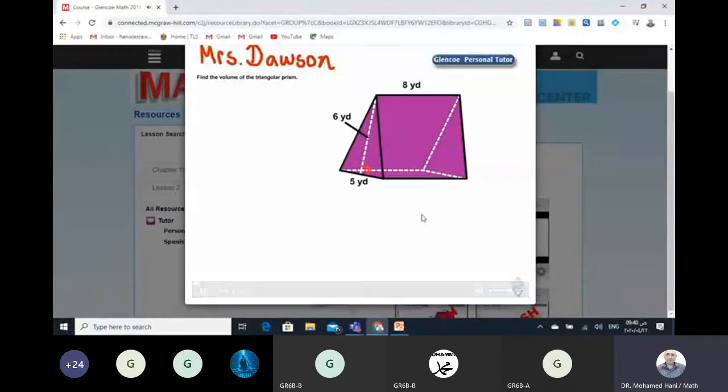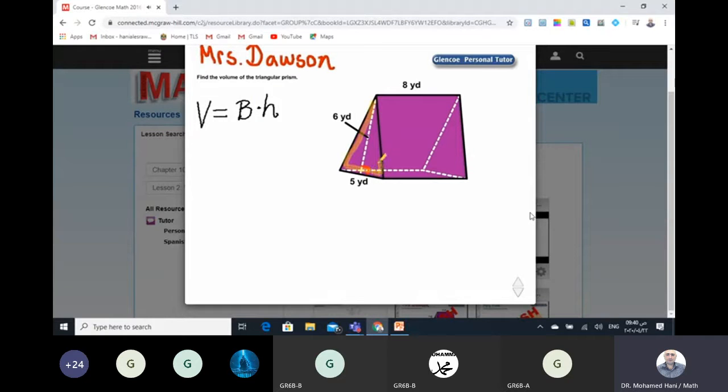This is Mrs. Dawson. Find the volume of prisms. Find the volume of the triangular prism. The formula to find the volume of any prism is volume equals big B times H. Big B stands for the area of the base of the prism.